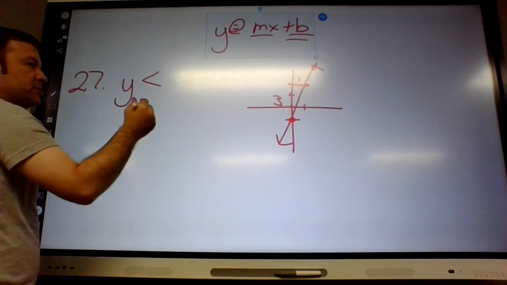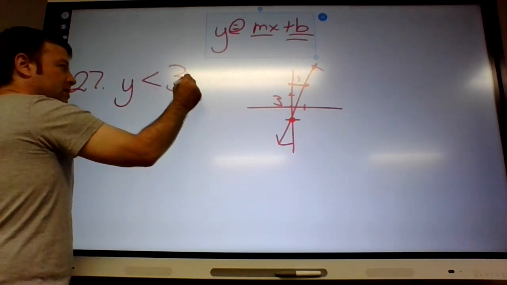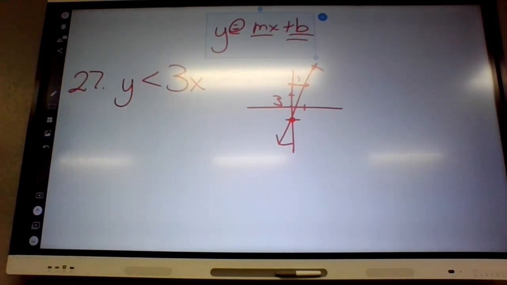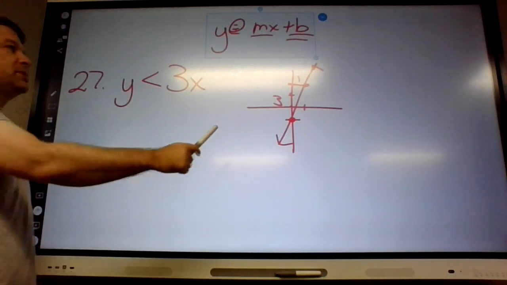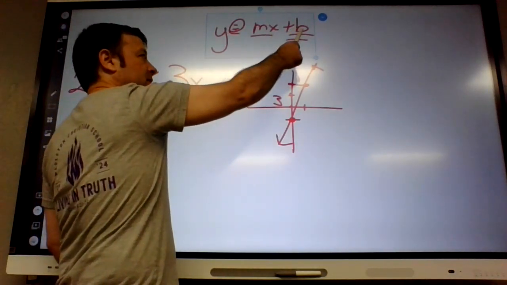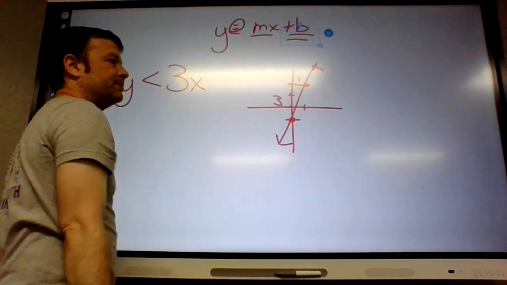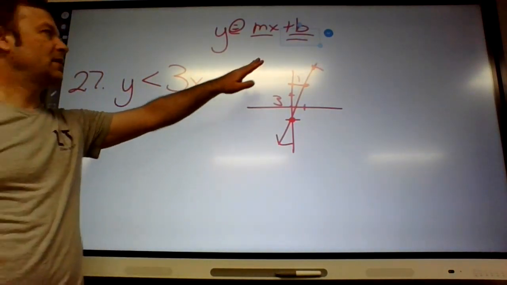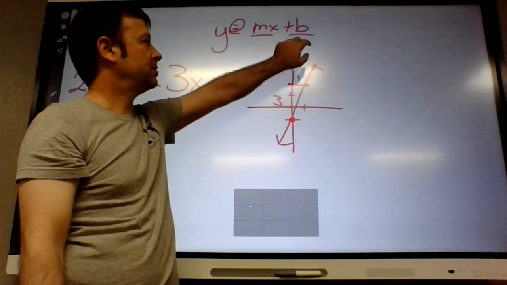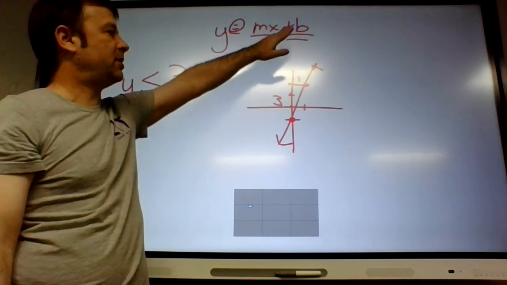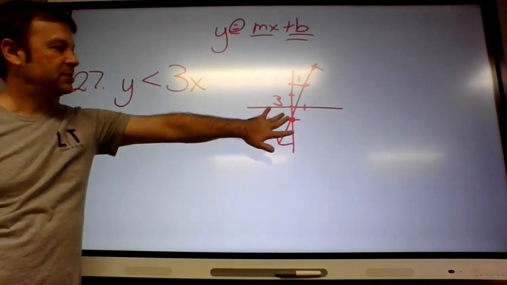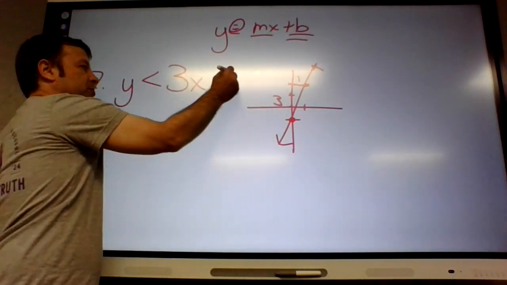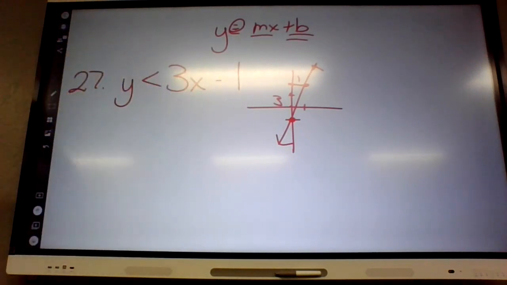So the slope is 3/1 or 3. Plus, what's the last number? What's the b value represent? The y-intercept. Where is it crossing the y-axis? -1. Let's put a -1 out there.